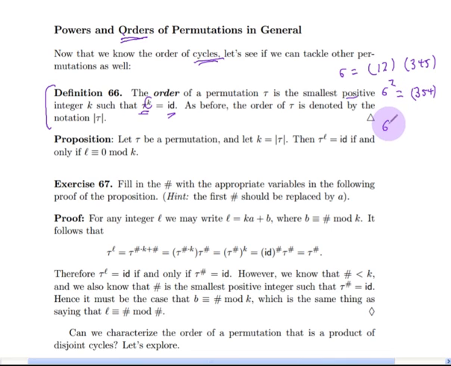Sigma cubed is equal to 1, 2. Sigma to the fourth is equal to 3, 4, 5. Sigma to the fifth is equal to 1, 2, 3, 5, 4. And sigma to the sixth turns out to be the identity. So you can verify these things. In this case, the order of this permutation is equal to 6.